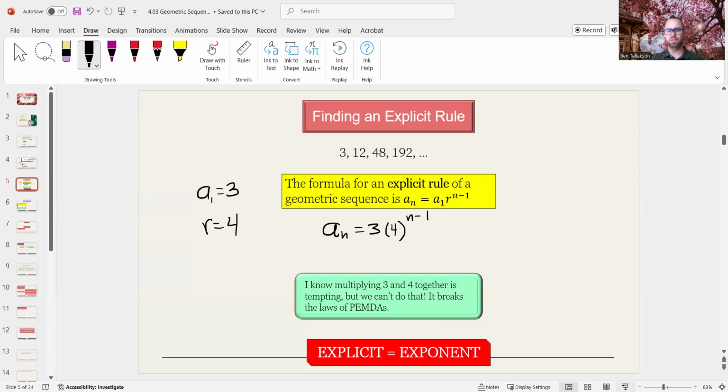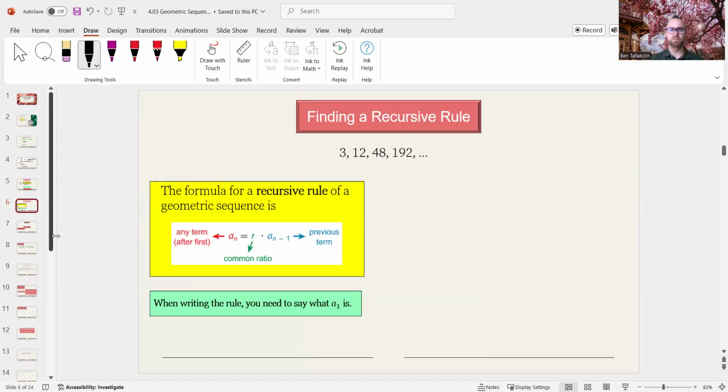And I just wrote explicit equals exponent to help you keep the rules clear in your mind. Because there's also the recursive rule, and there it is. Looks very, very similar to the recursive rule for an arithmetic sequence, but a little different. What's the same? Well, you're going to have some things that stay the same every time.